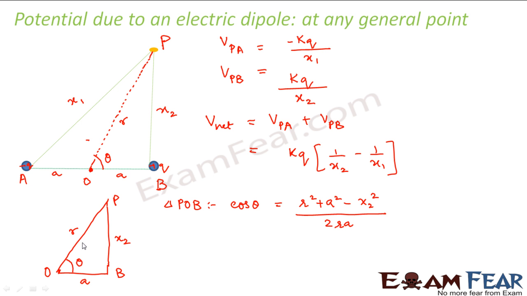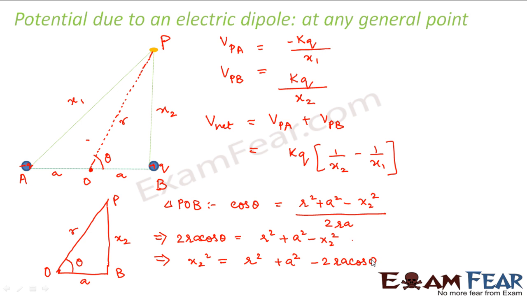So from this we can say 2ra cos theta is equal to r square plus a square minus x2 square. Or we can say x2 square is equal to r square plus a square minus 2ra cos theta.